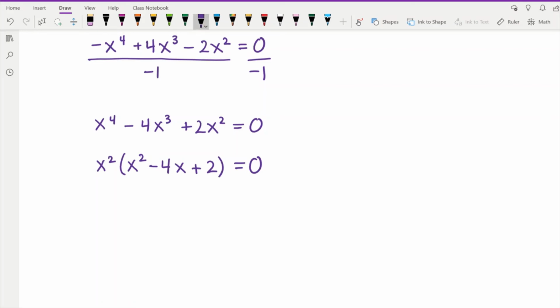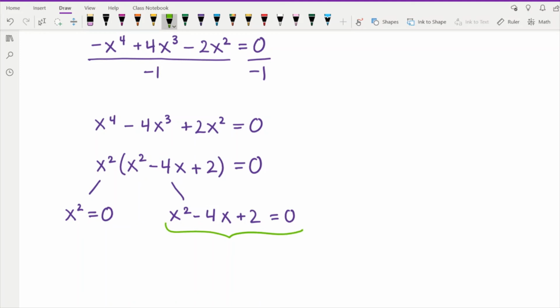Now I just want to make sure you understand exactly why we're using the quadratic formula here. Remember that anytime you have a product of some things equal to 0, that means that one of those things is 0, right? So we could say either x squared is equal to 0, or in this case, because we can't factor this, our conclusion would have to be that x squared minus 4x plus 2 is equal to 0. Once we have something written down like this, we can use the quadratic formula, right?